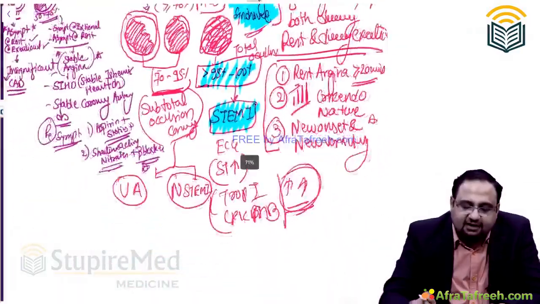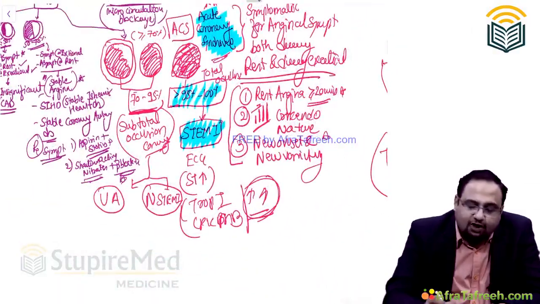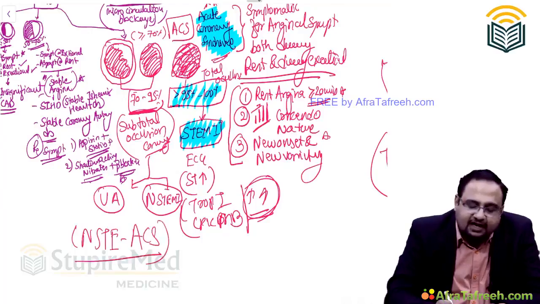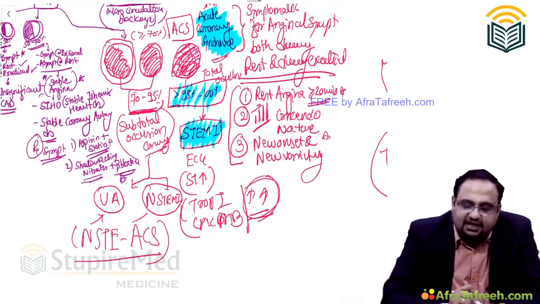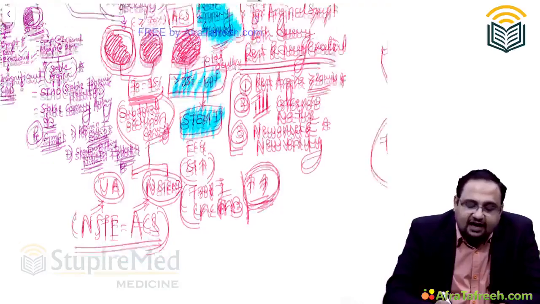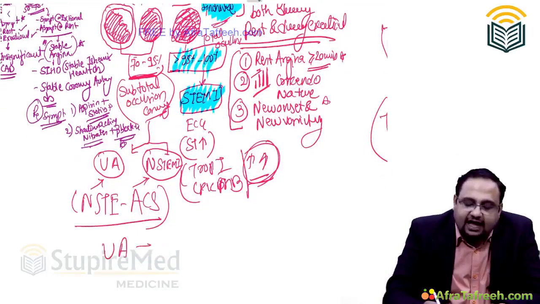Let me make it very clear to all of you, friends. This is subtotal occlusion. If 70 to 95% is present, it is labeled as non-ST segment elevation acute coronary syndrome, which consists of two parts: unstable angina and non-ST segment elevation myocardial infarction. The only difference between them is that in unstable angina, the enzymes, that is CPK-MB and troponin I, would be normal.